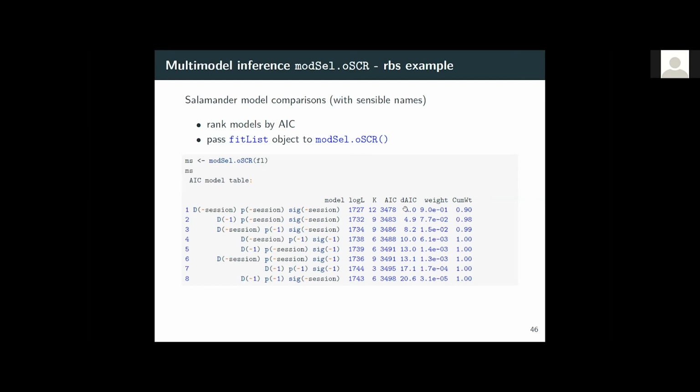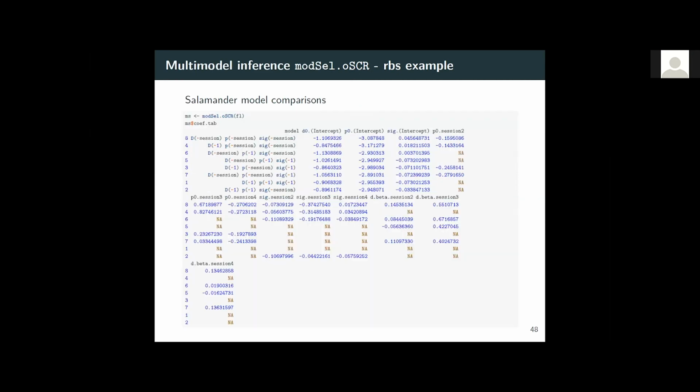Then you have this AIC weight and the cumulative weight. These are things that you might be used to reading in results sections of papers. So this is just a way of getting exactly that information for your particular analysis, again keeping in line with typical statistical analysis workflows.